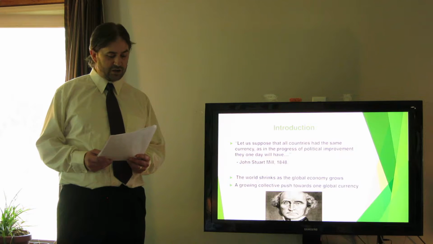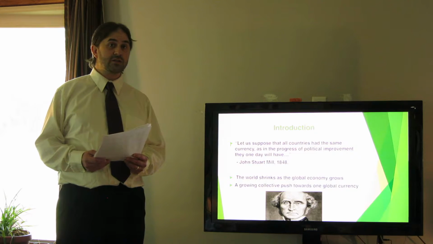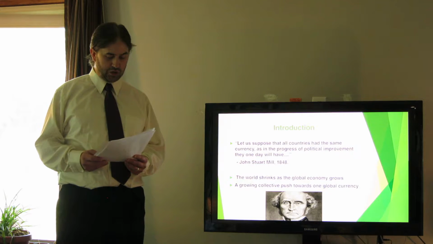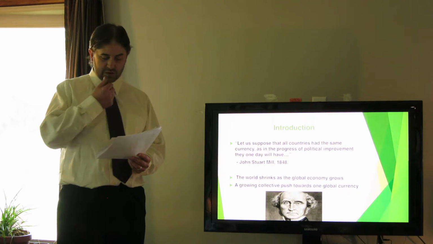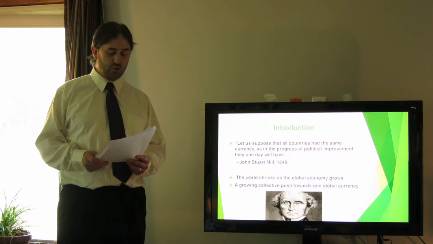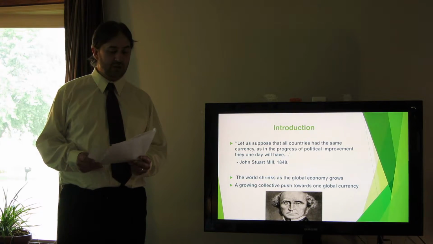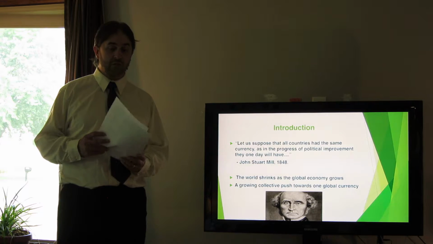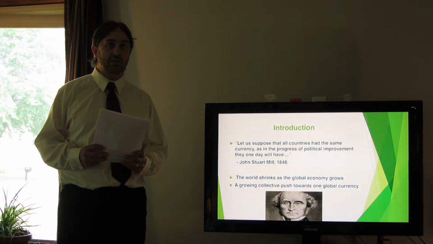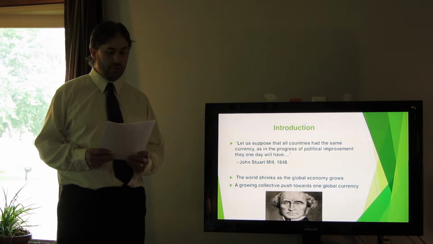Organizations like the International Monetary Fund and Central Banking System and certain governments throughout the world have been making this push. This trend is also supported by the 120 members of the International Financial Reporting Standards, which is a collective effort towards unifying accounting standards across the globe.